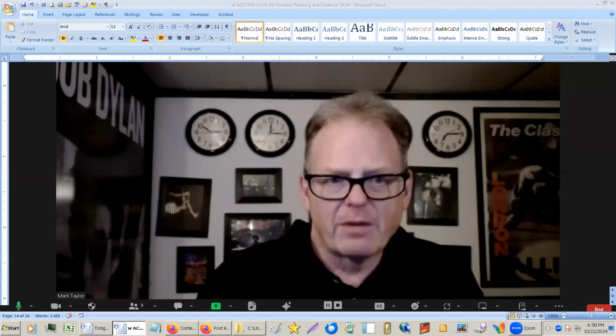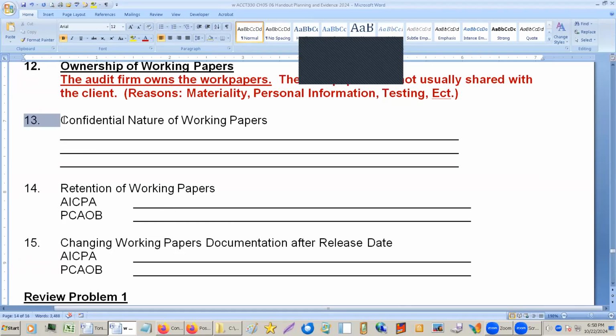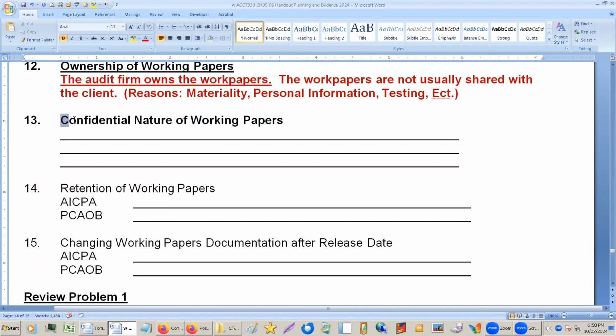In fact, we actually even guard them, and going to the next part is the confidentiality of the work papers. We own the work papers. That doesn't mean that we can post them on Facebook and have everyone take a look at them.